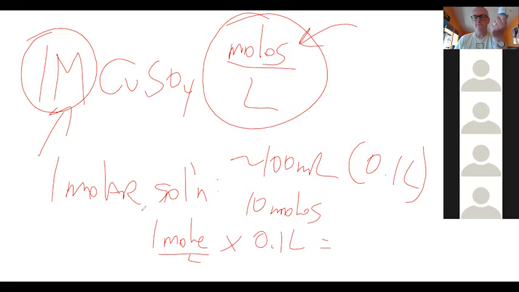A 10th. 1/10, right. So I get rid of liters. I'm left with moles. 1 times 0.1, 0.1 moles. So that's approximately how many moles of copper sulfate are in this bottle. So you can work out that it should be more than the number of moles of copper we're going to need for this reaction. Because if it isn't, it's not going to go to completion.